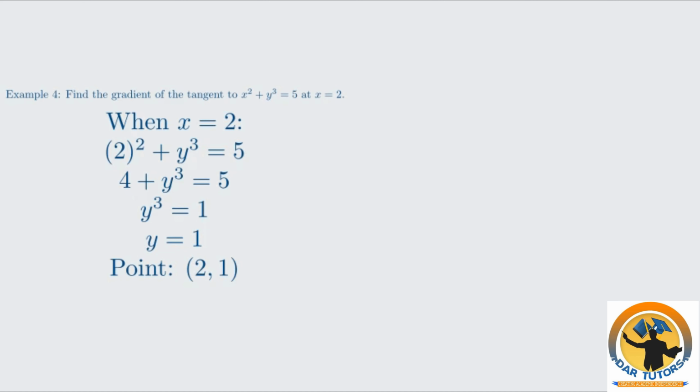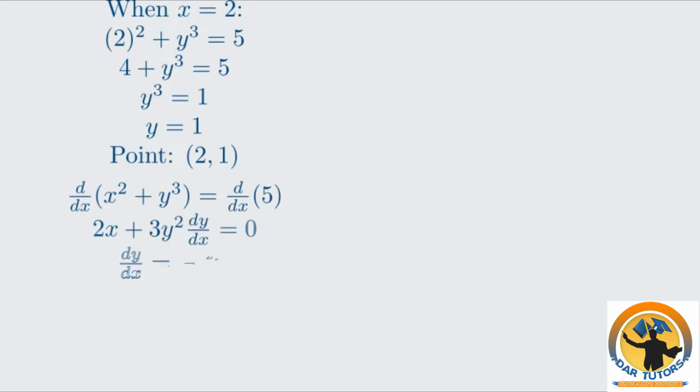Next, we find the general expression for the gradient, dy/dx, using implicit differentiation. Differentiating both sides with respect to x, we get 2x plus 3y squared dy/dx equals 0. Solving for dy/dx, we find it equals negative 2x over 3y squared. Finally, we substitute the coordinates of our point, x equals 2 and y equals 1, into the derivative.